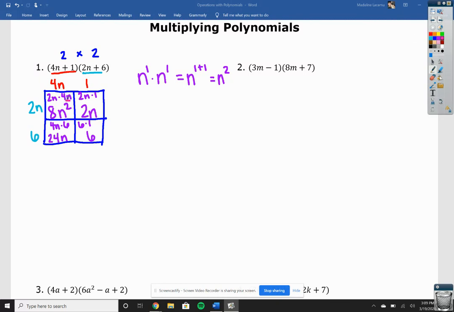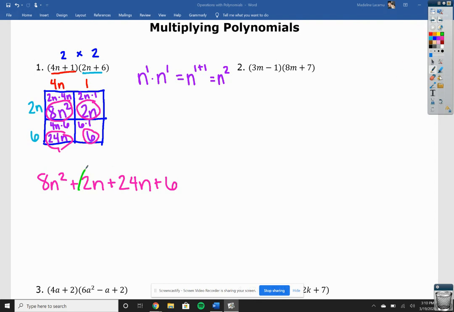Now what we need to do is just take all of these terms that we found. So 8n squared, 2n, 24n, and 6. And we're going to write those out. So 8n squared plus 2n plus 24n plus 6. So this is almost our answer, except we have some like terms.